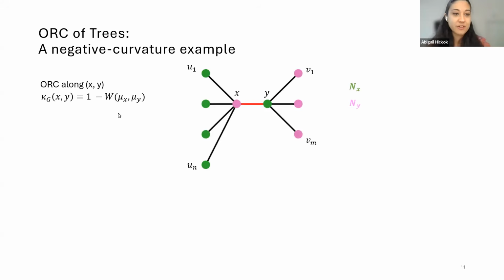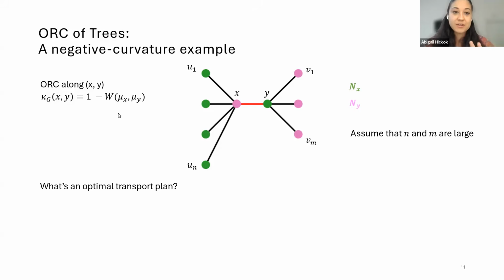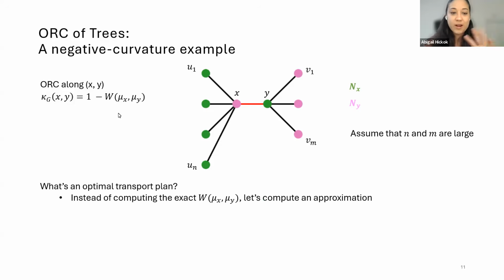Okay, now to give a prototypical negative curvature example, here I have this little tree. I have my edge xy in the middle. Again, in green, I have the one-hop neighborhood of x. In pink, I have the one-hop neighborhood of y. For the sake of time, we're assuming n and m are very large, and we're not going to calculate the Wasserstein distance between these two measures.